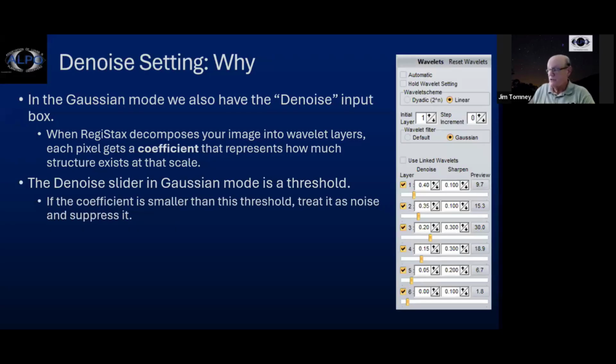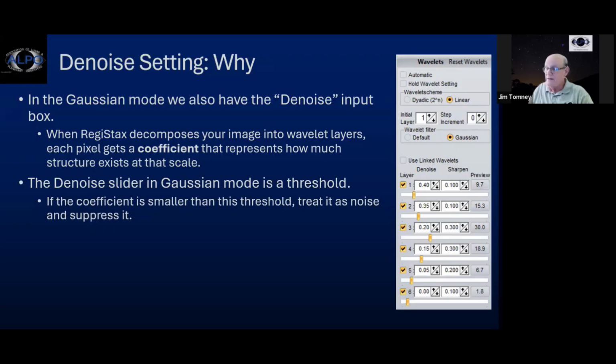If the coefficient on your pixel is below that floor, it's going to drop that pixel in terms of doing any sort of enhancement, any sort of increase in it. It won't apply paint to that at all.